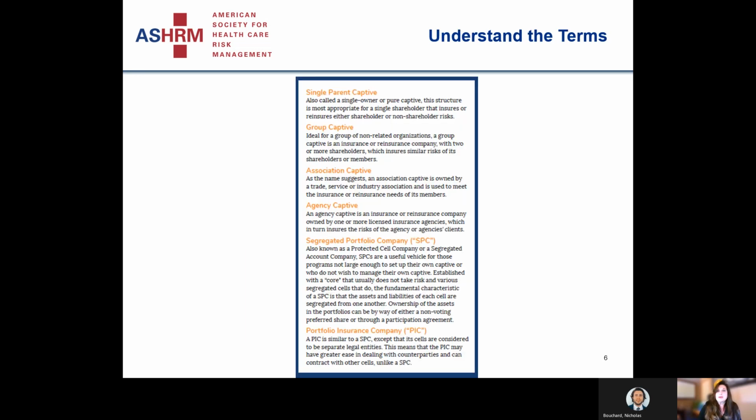The next thing we want to do is just make sure that everybody's talking the same language. A lot of these phrases that you see listed here are not words that we would use in normal conversation outside of the board meeting or outside of the captive discussions. So we always want to supply the board with a reference list of terms so that as we're having conversations, they can quickly reference what we're talking about.